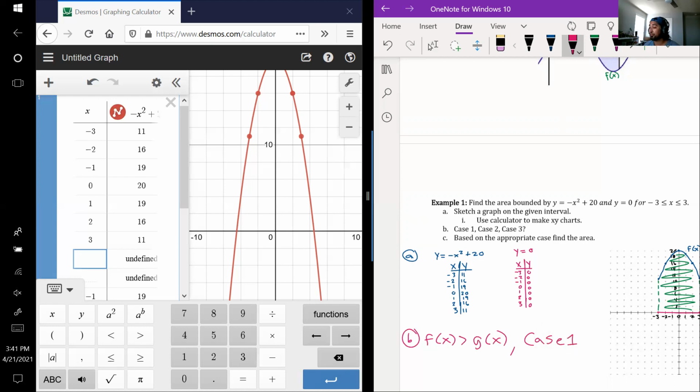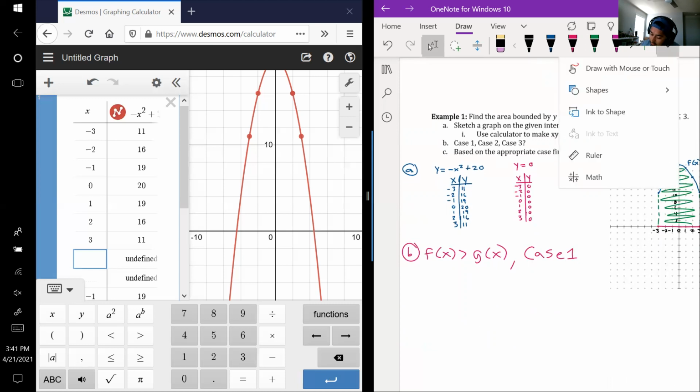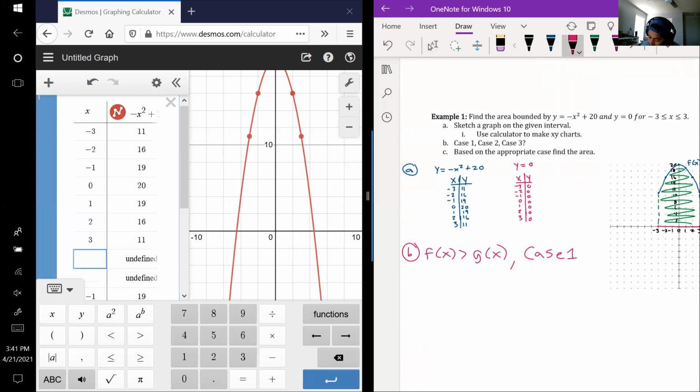Which means for the case 1 setup, the integral is going to look like this. It's going to be the integral from a to b of f of x minus g of x dx. There we go. So there's our setup. And now we can go on to step C, and using the case above, let's go ahead and set up our integral.